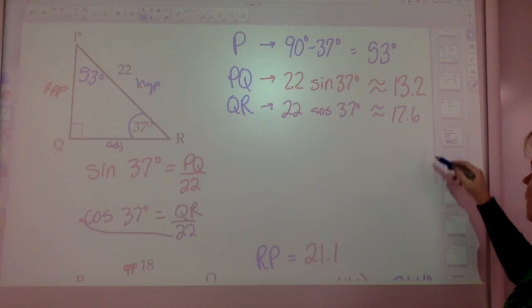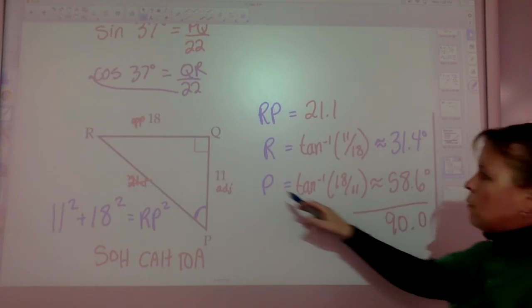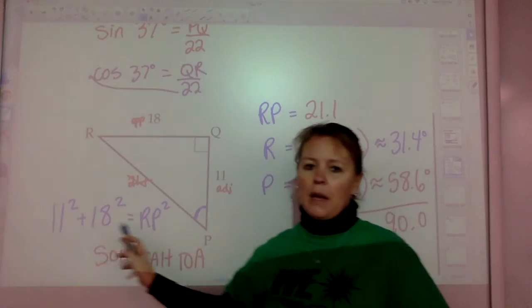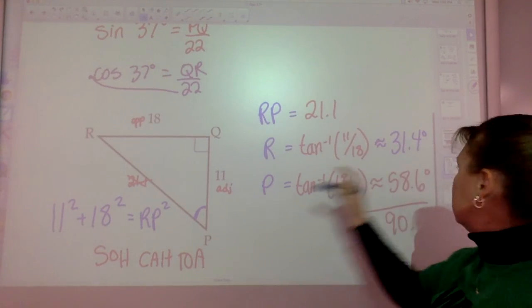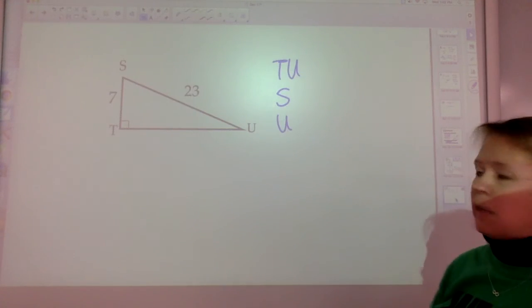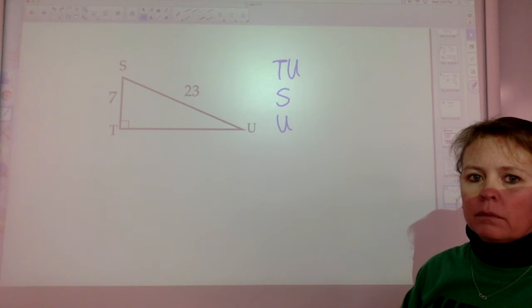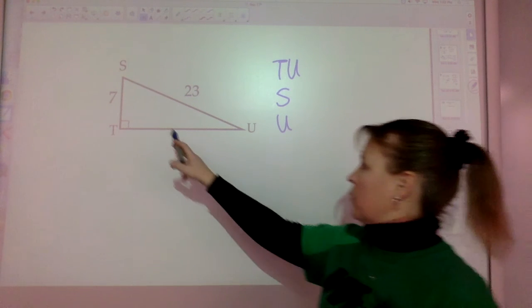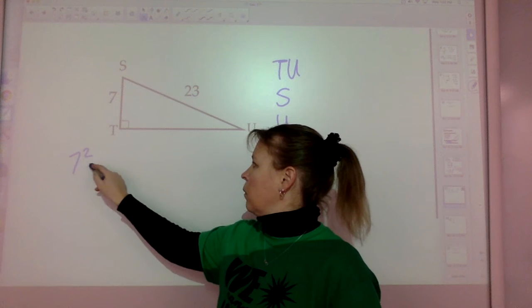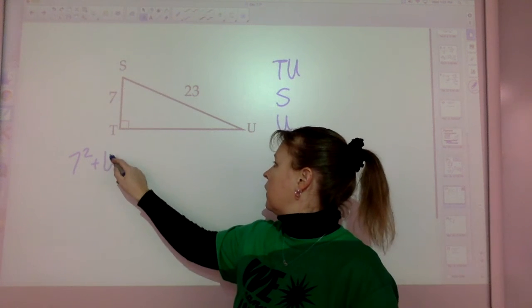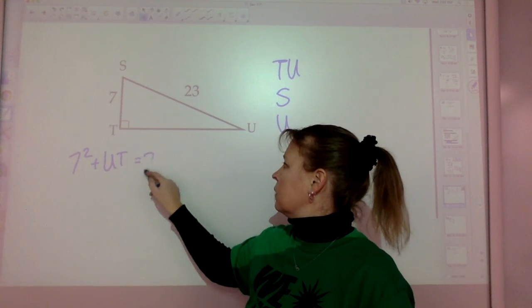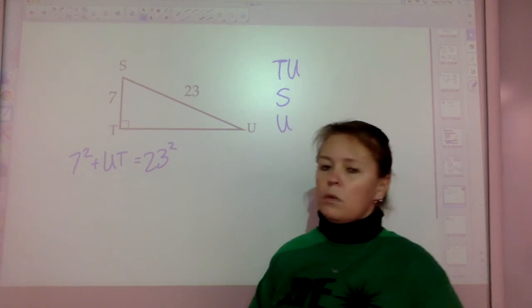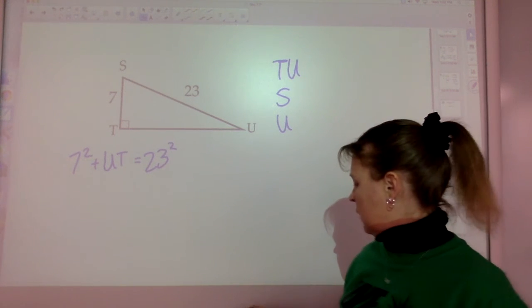We do it just like this problem, where we had our 18 and 11, and we used Pythagorean theorem. But be careful. Careful when you use the Pythagorean theorem. We are looking for UT or TU. Make sure you use your Pythagorean theorem properly.